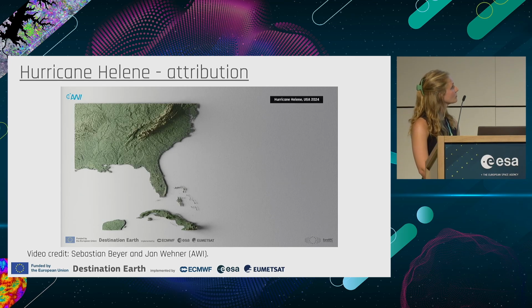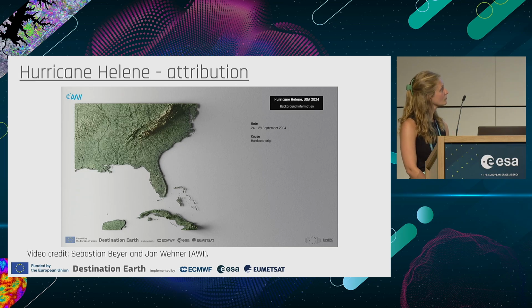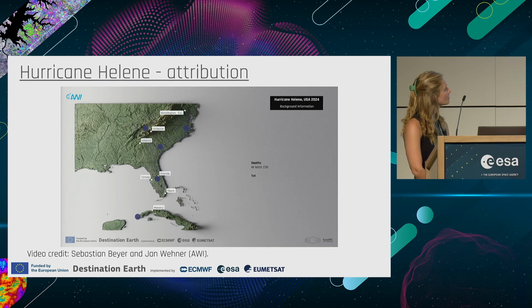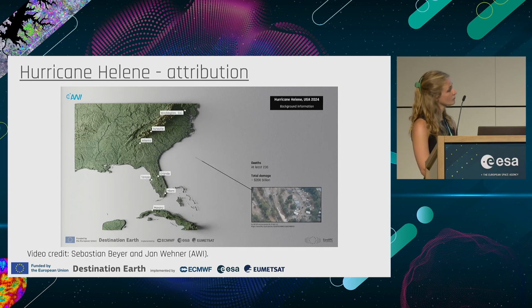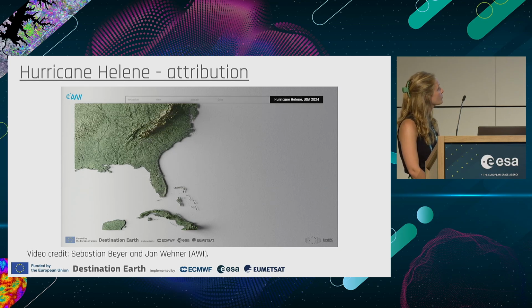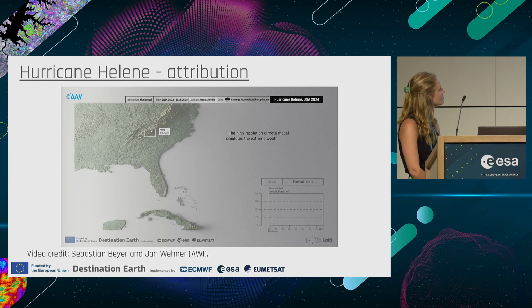In September 24, Hurricane Helene caused widespread devastation, primarily in the southeastern US. The storm resulted in over 230 deaths and up to $200 billion in damage. In this simulation, we will take a closer look at the Asheville area. The high-resolution climate model simulates the extreme weather event and its impact on precipitation accumulation.